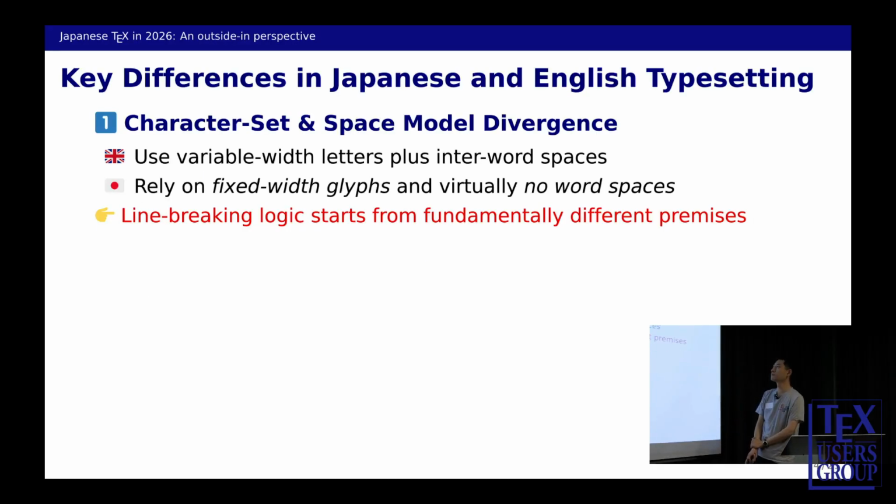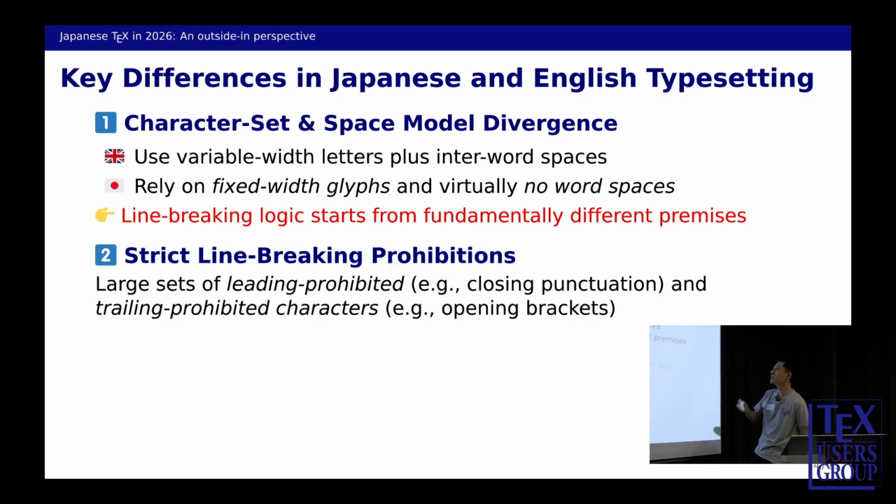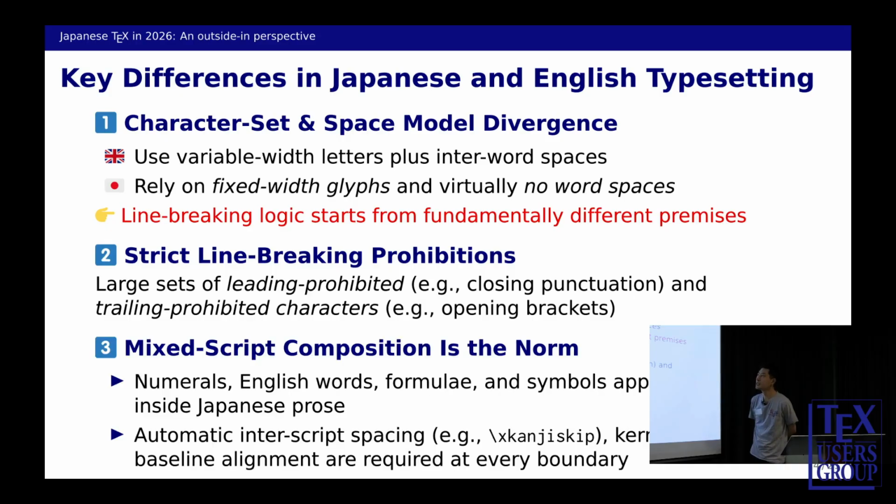So there are, roughly speaking, three big differences between those two typesetting systems. The first large group is the difference of character set and space modeling. The second group is the difference in the rules of line breaking.